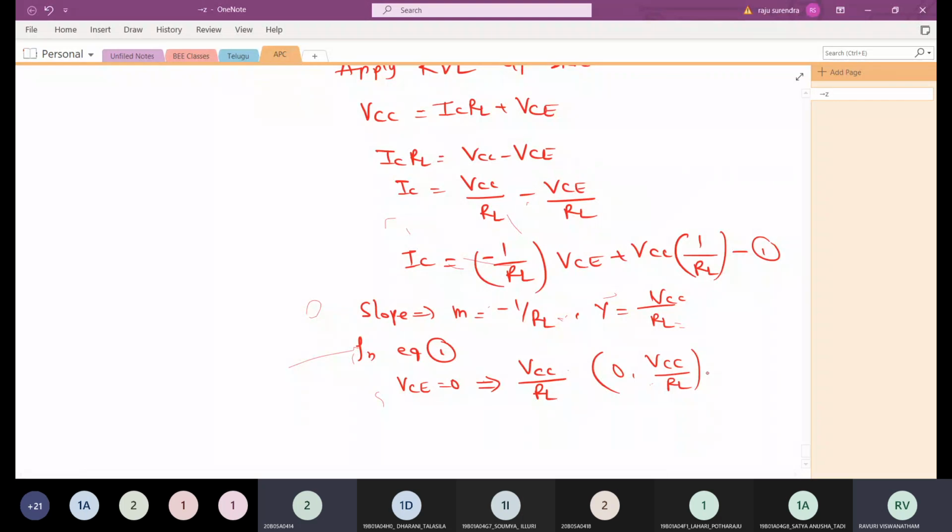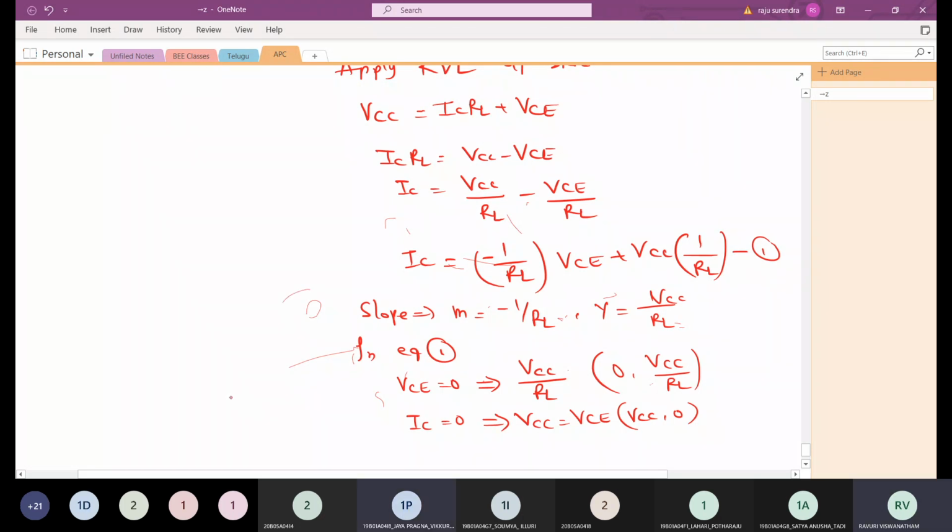If IC is equal to 0, VCC is equal to VCE. Now the point is VCC comma 0. I hope all of you understood.